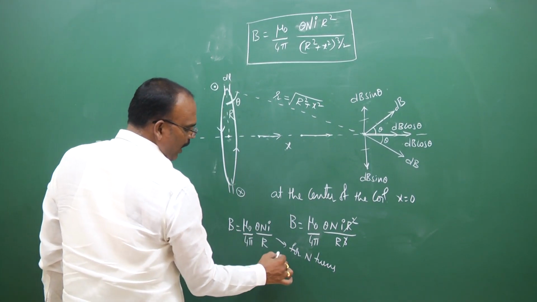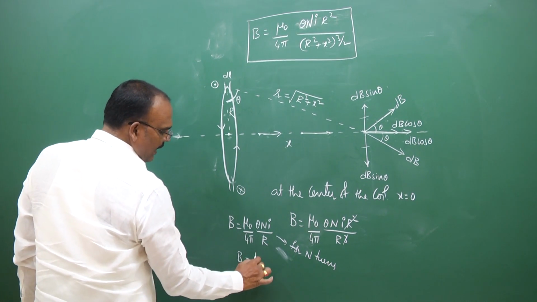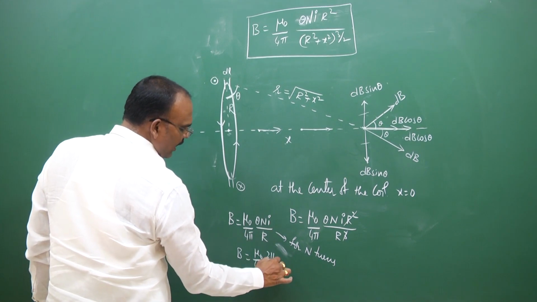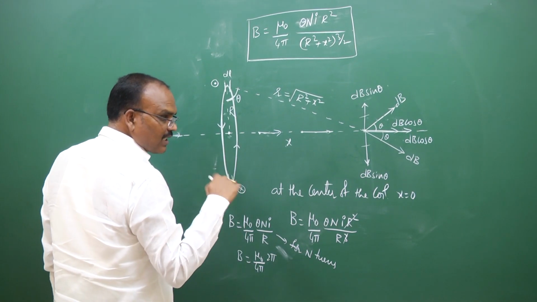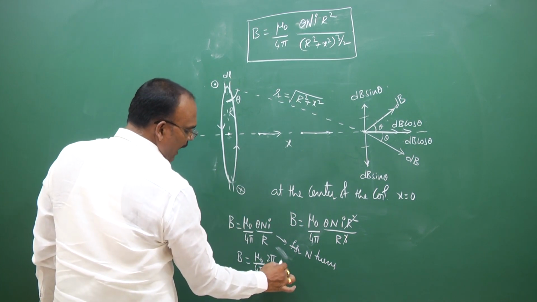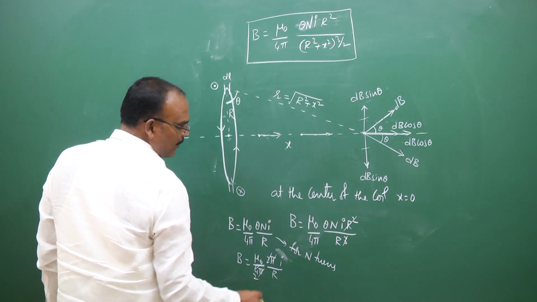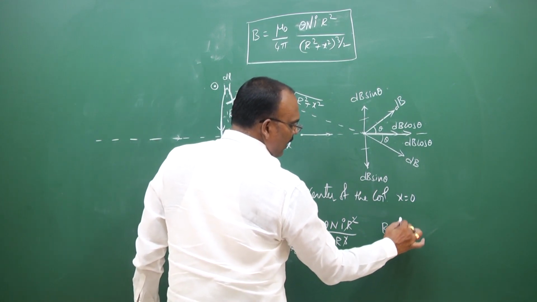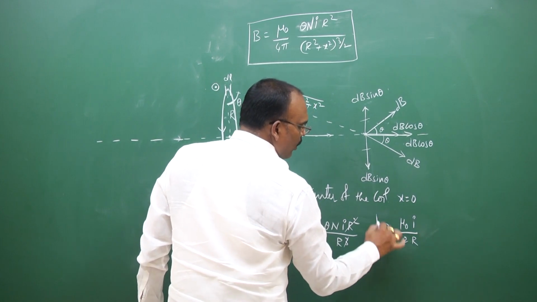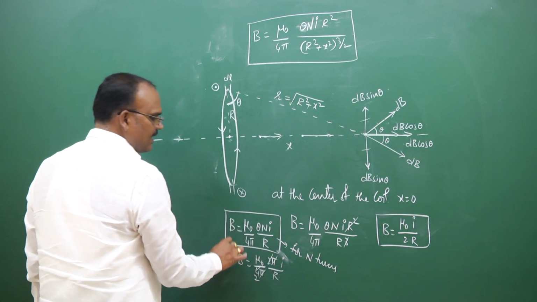For example, for only one turn, B can be written as μ0/4π, where theta for one turn is 2π, for 2 turns it is 4π, for 3 turns it is 6π, times I by R. π and π cancel, the 2 cancels. So magnetic field is simply μ0 I by 2R. This is for one turn, and the other expression is for n turns.